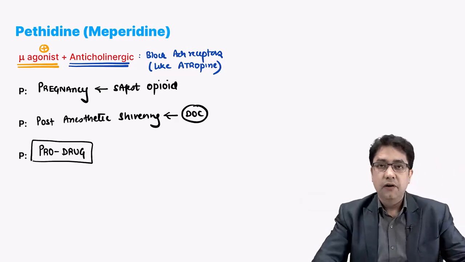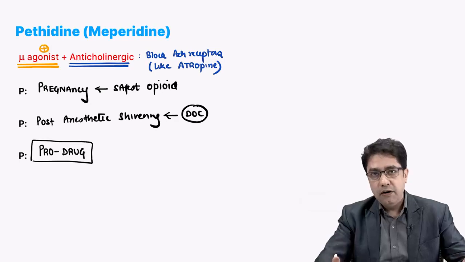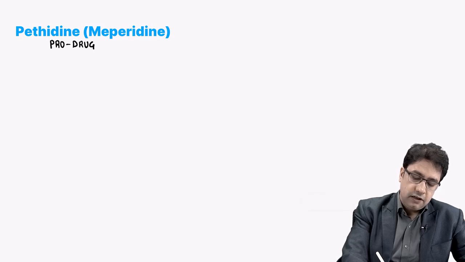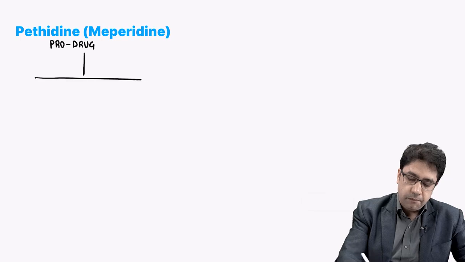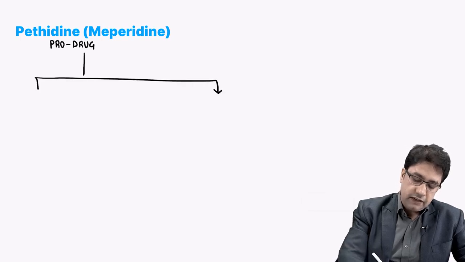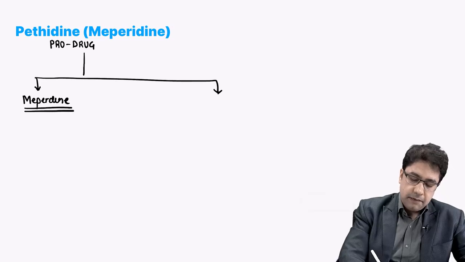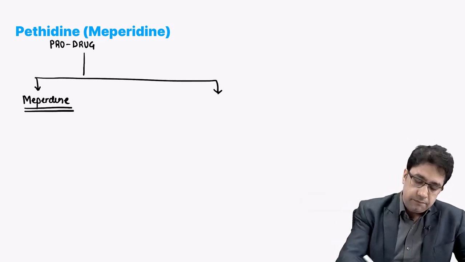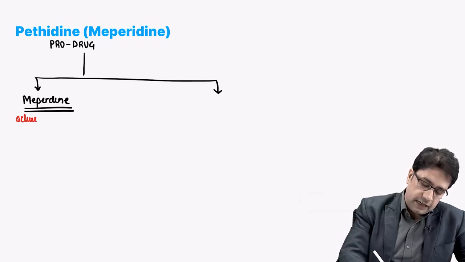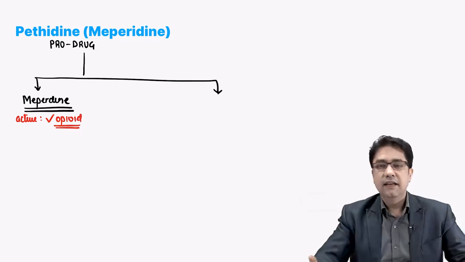Now let's talk about how pethidine is converted into active form. Pethidine is a prodrug. It gets converted into two forms. The first active form of pethidine is meperidine, which acts as an opioid analgesic, and that is its other name.